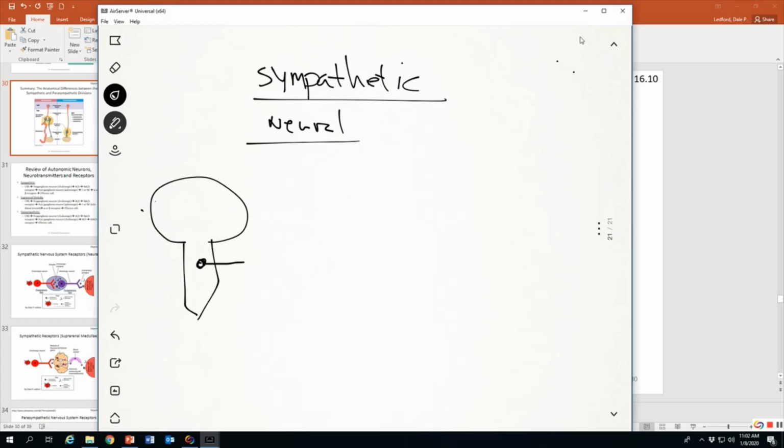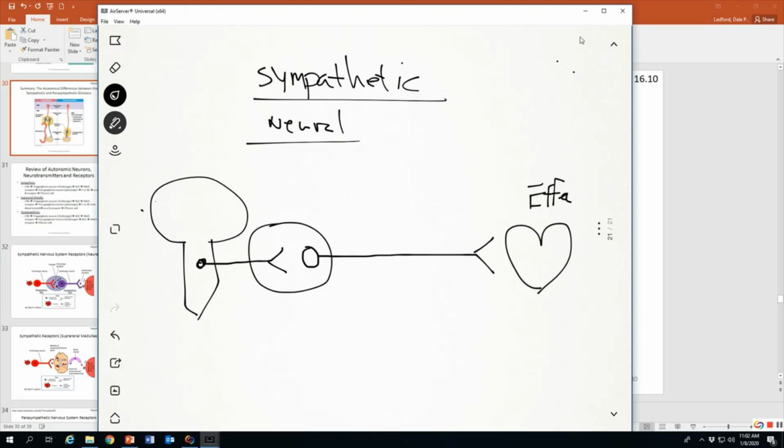Let's start with a preganglionic neuron. This preganglionic neuron is thoracolumbar, and remember, it is relatively short, and then we're going to have a ganglia. Then you're going to have another cell here that's relatively long, and then we go to the effector cell. Let's just say the effector cell here is the heart. Now, this neuron right here is cholinergic.